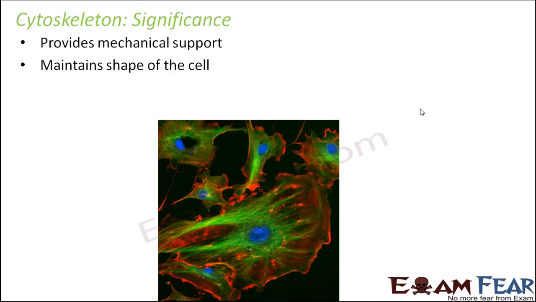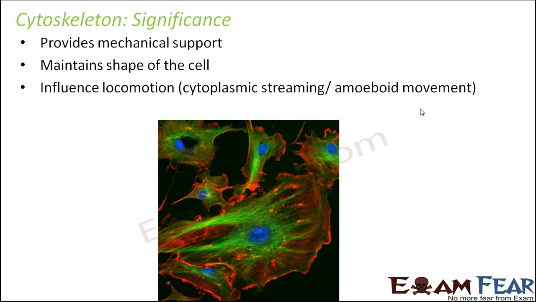So this was all about cytoskeleton. Before we move on, we also need to mention that the cytoskeleton also influences locomotion. For example, cytoplasmic streaming, where the cytoplasm itself moves, and since the cytoplasm moves, the other cell organelles also move relative to each other.